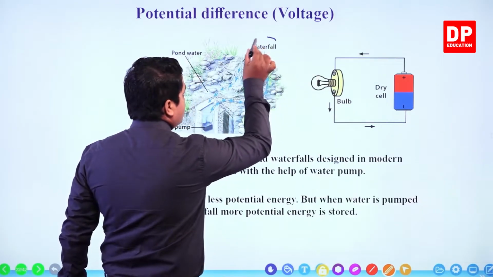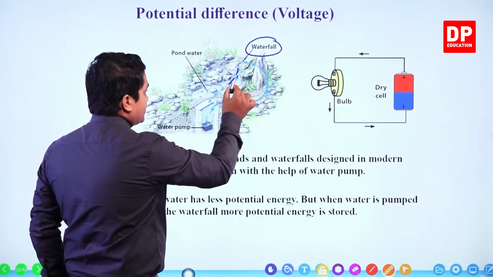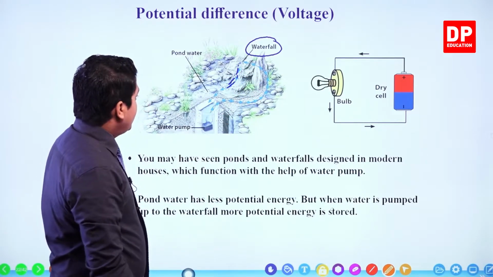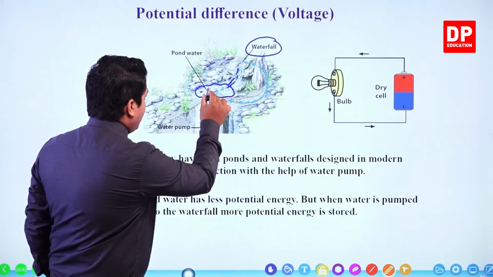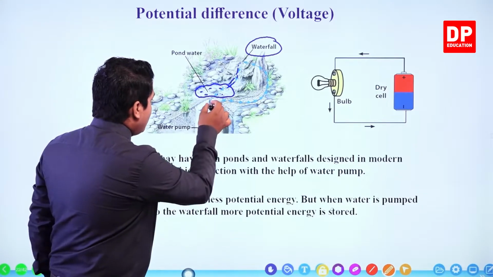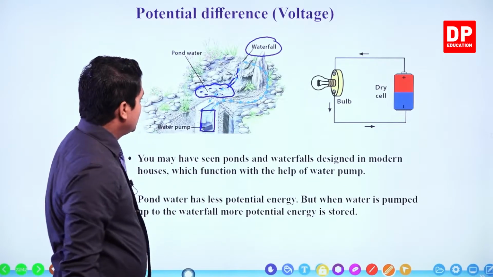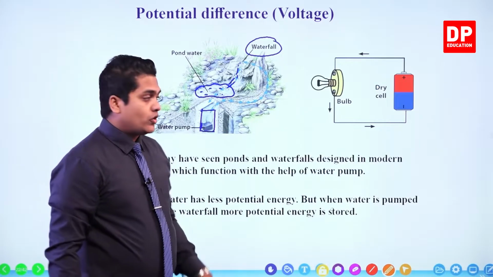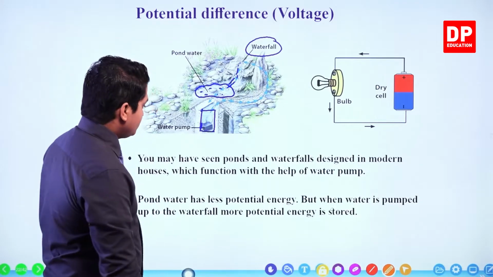Here you can observe the waterfall, this part where the water is going to come down, and this is the pond. Here you can observe the water, and the water pump is here. The water pump is going to pump water to the cliff, or the waterfall.